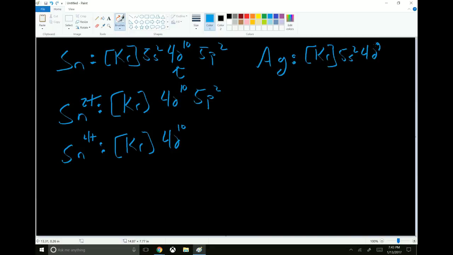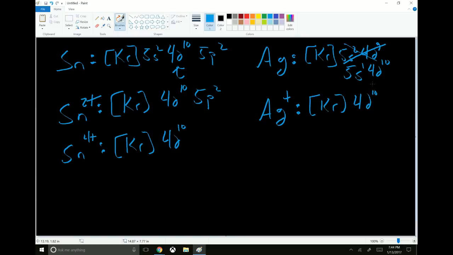Except if you put that answer on the test, you'd get it wrong, because it's not 5s2, 4d9, it's 5s1, 4d10, which means that silver only forms a single ion, a 1+ ion. It forms by losing its s electron, leaving it with a full d subshell.